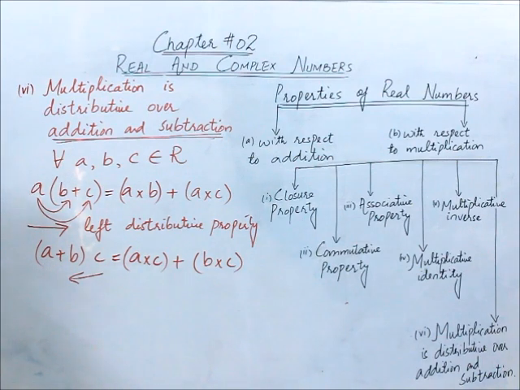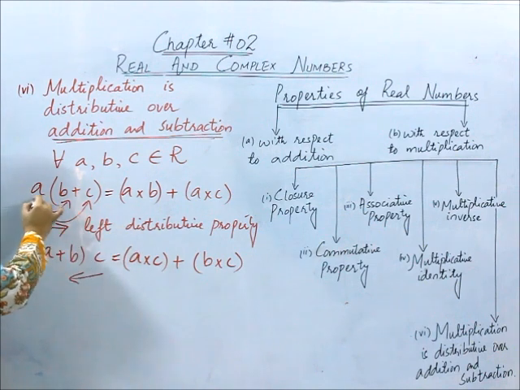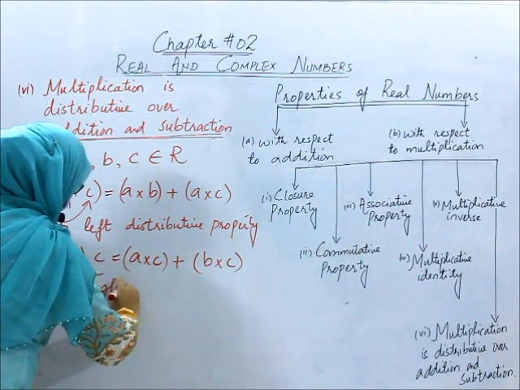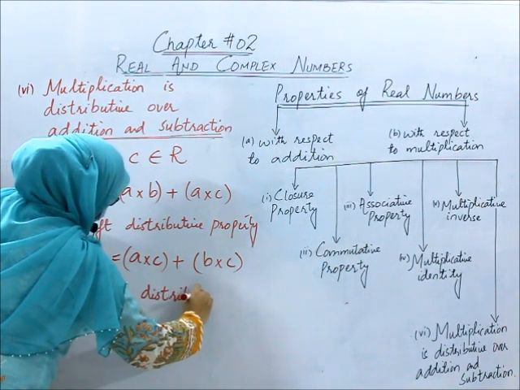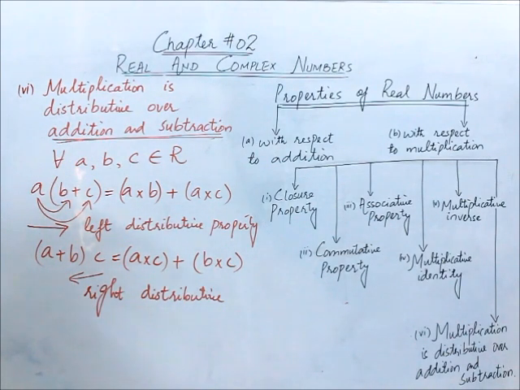This is the distributive property of multiplication over addition. We call this left distributive law when we multiply a number from left side, and this is called right distributive law. Right distributive property or right distributive law.